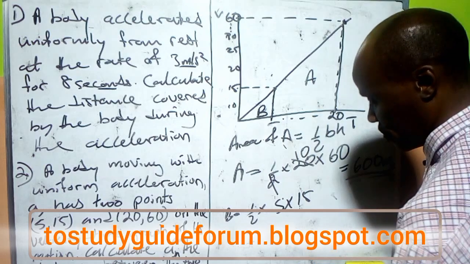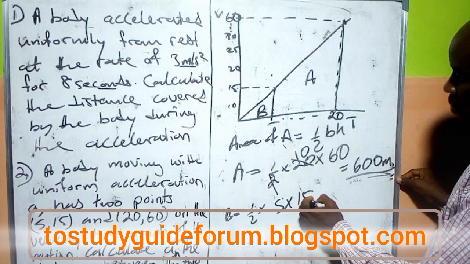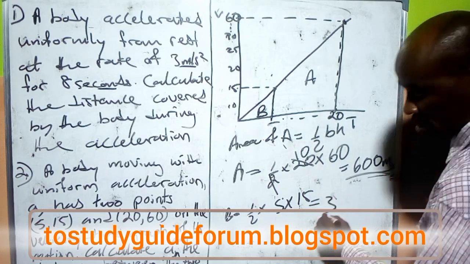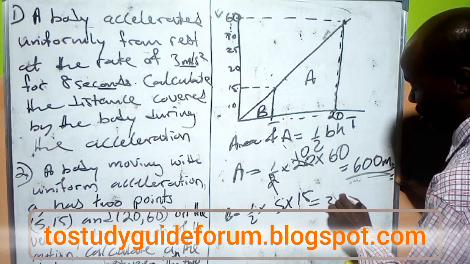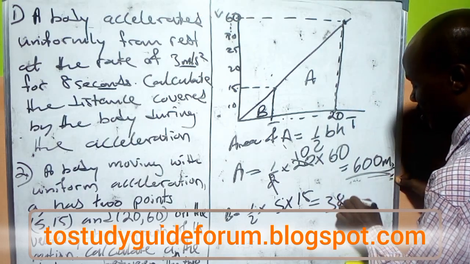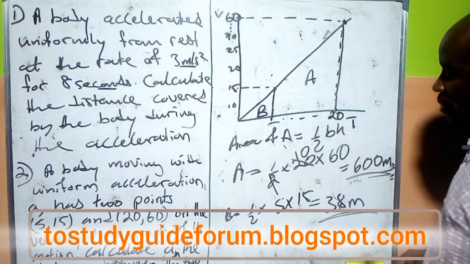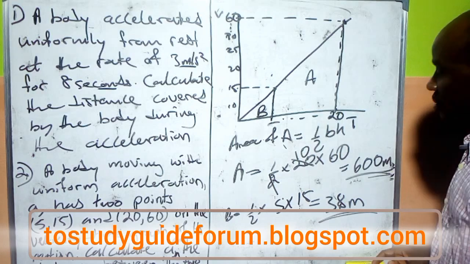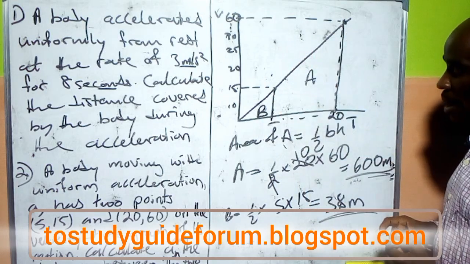What we have here will be equal to approximately 38 meters. So to find the distance between the 2 points, what we're going to be doing now is to subtract the difference between this and that, and that will give us what we are looking for.